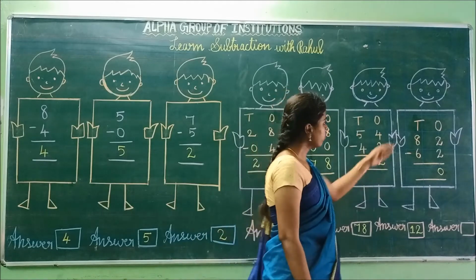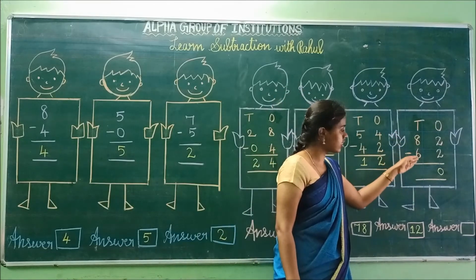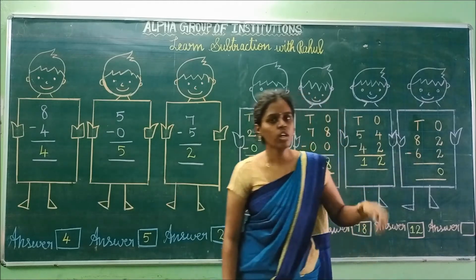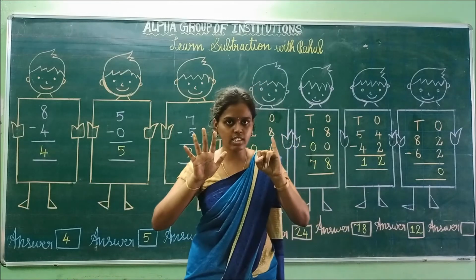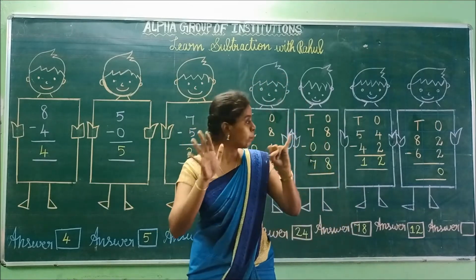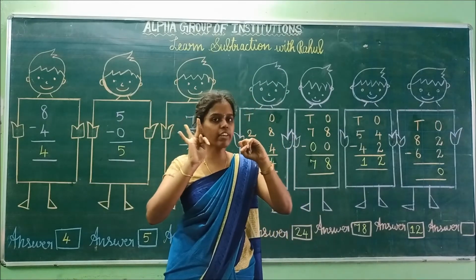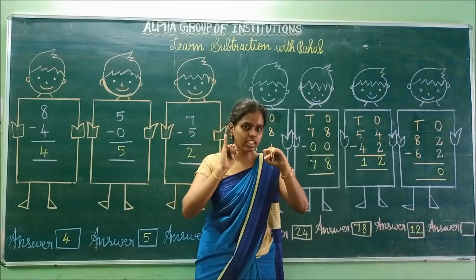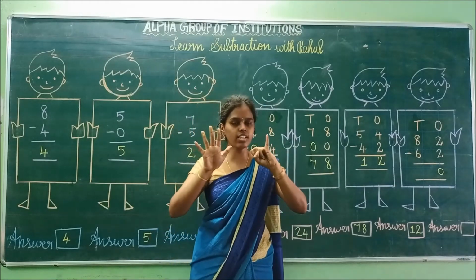Okay. Now we will move on to the tens place. What are the numbers here? 8 and 6. So, 8 in the mind, take 6 in the fingers. Before 8, 7, 6, 5, 4, 3 and 2. 8 in the mind, take 6 in the fingers.